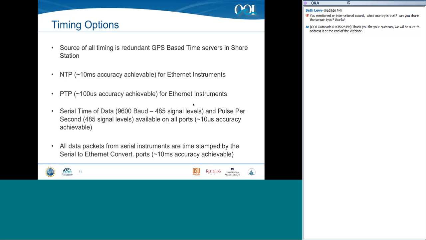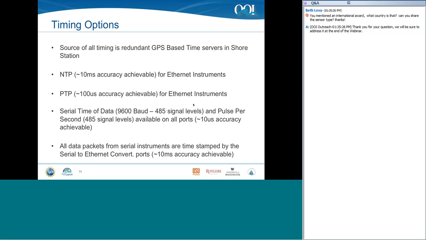If it's an Ethernet-based instrument, it can use NTP. We have an NTP server back in the shore station, and they can just turn on and connect to that and get approximately 10 milliseconds of accuracy. We have PTP enabled in the system, so in each of the MPJ boxes we have a PTP master that's slaved back to the shore station, and then all of our Ethernet switches downstream from that are PTP enabled.